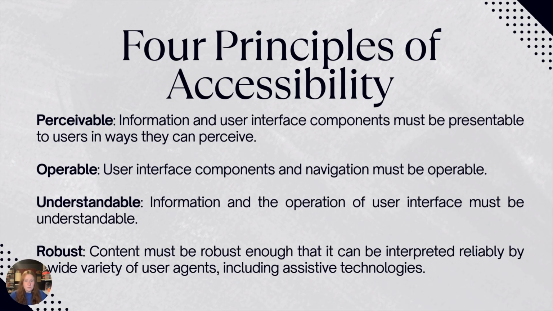Has to be understandable. Information and the operation of user interface must be understandable. It means that the user must be able to actually, again, take in the information as well as the operation of the interface. It can't be beyond what they could possibly understand. So you have to understand the context. And then robust. Content must be robust enough that it can be interpreted reliably by a wide variety of agents, so the users, and that includes assistive technologies.